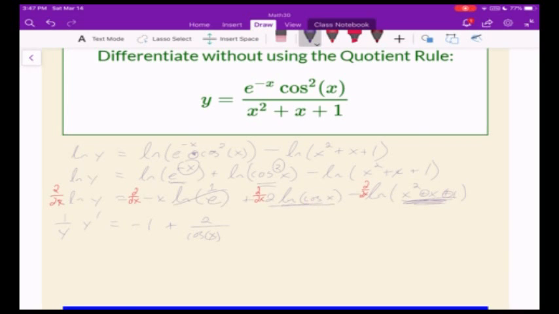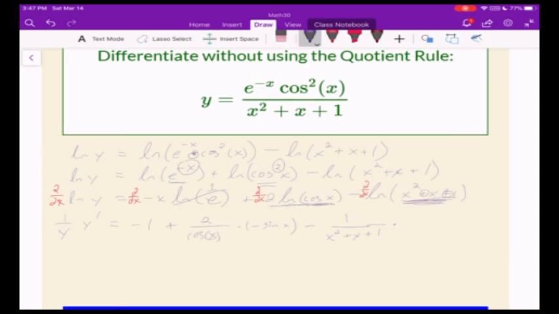Now I'm going to take the derivative of the middle term, and that's going to give me 2 over cosine of x, because the derivative of natural log is 1 over its argument, but then chain rule it, so times the derivative of cosine of x, negative sine x. So we chain ruled that.